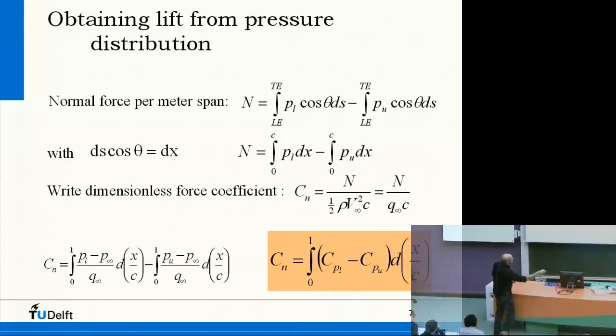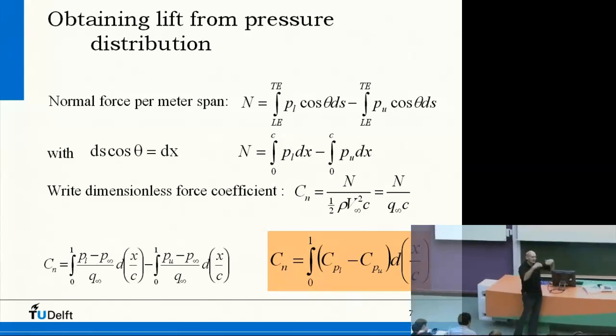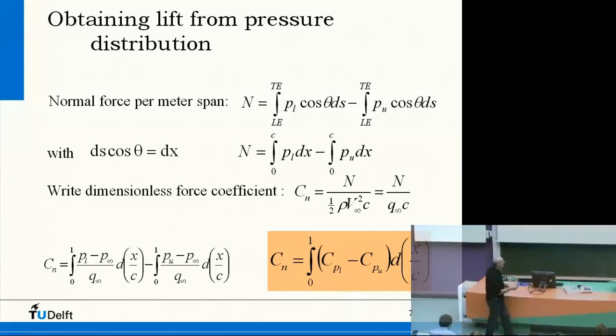And if we put that in this equation, then it's Cn equals the integral from 0 to 1 of dx over c, p lower minus p upper, and you see directly that if you put in p infinity, these are pressure coefficients. The normal force coefficient is the integration between the Cp's, upper and lower, over the chord, in this case dx over c. So this is the normal force.